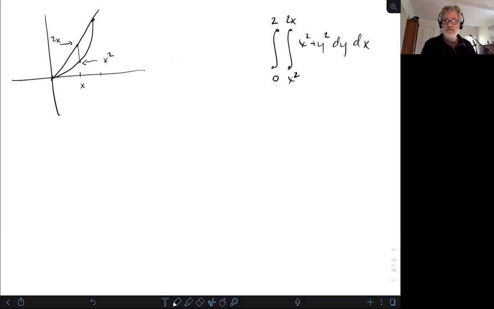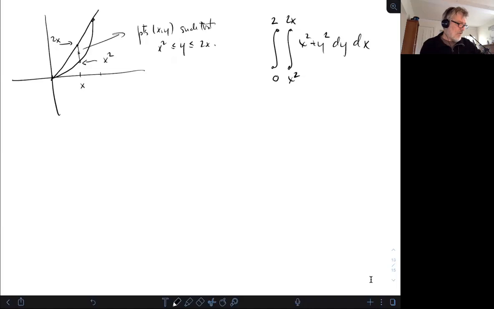This is 2x. For any x that you take between the two intersections, the bottom point is x squared, the top point is 2x. So it means that the points on the segment here, these are points (x, y) such that y is between x squared and 2x. Does that make sense? All right. So that's how I know which one is g1 and g2.